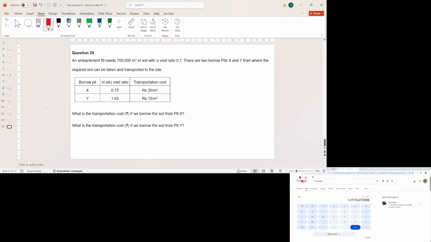The transportation cost for taking soil from borrow pit X to the embankment location is 20 rupees per meter cube via truck, and for borrow pit Y, it costs 15 rupees per meter cube, right?